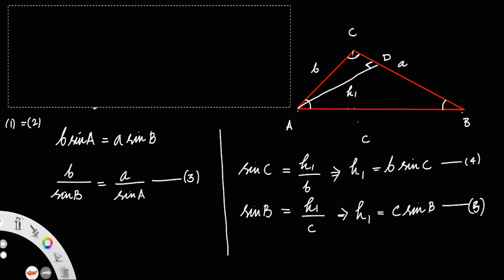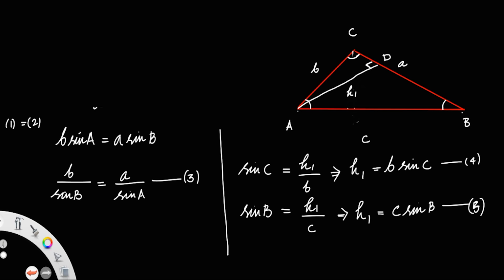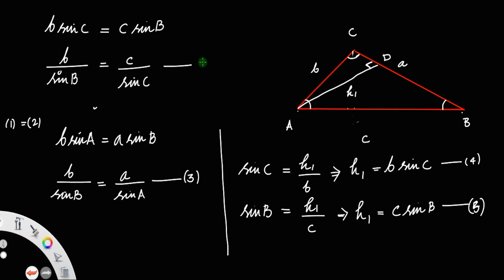So you can write b sine C is equal to c sine B. Taking this sine B to the left, b by sine B is equal to c by sine C. Call that equation number 6.